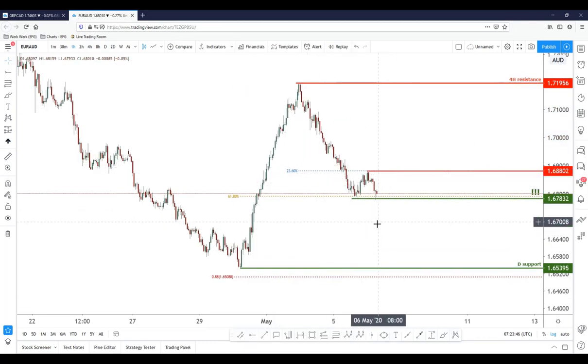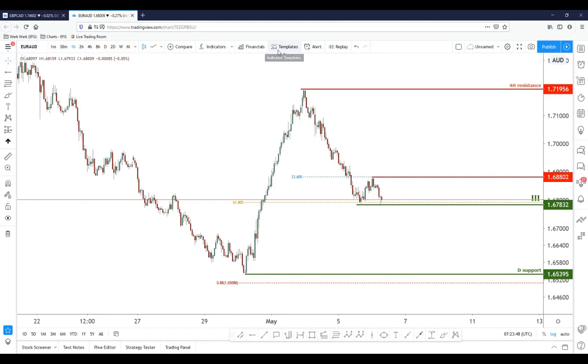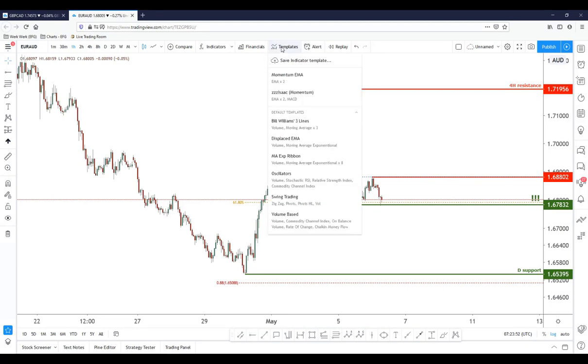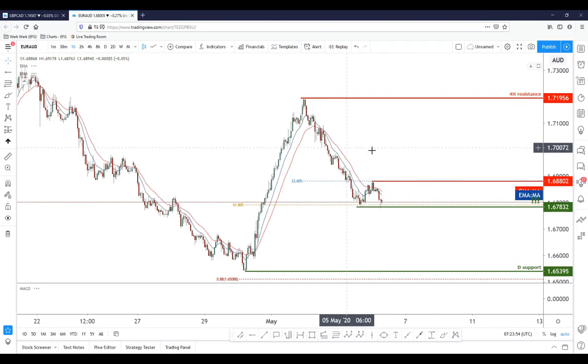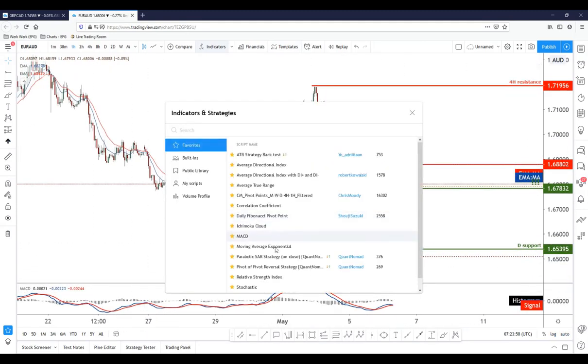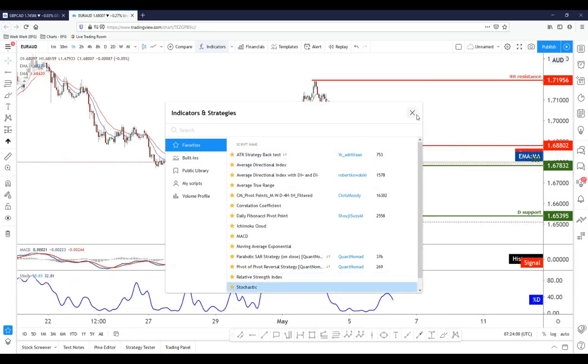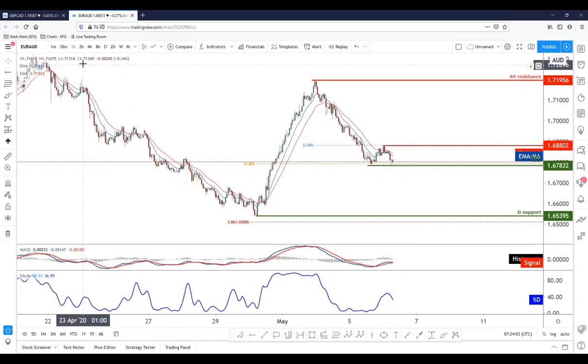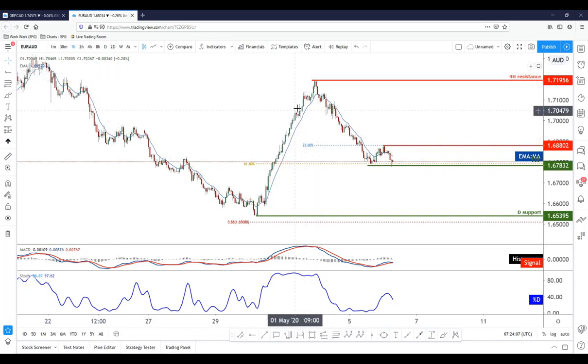Okay, so this is what I would do. As a sort of confirmation for myself to check things out, I will pull out a few indicators, right? Just compare all indicators across the board. Okay, just one moving average is enough. I quite like this moving average.